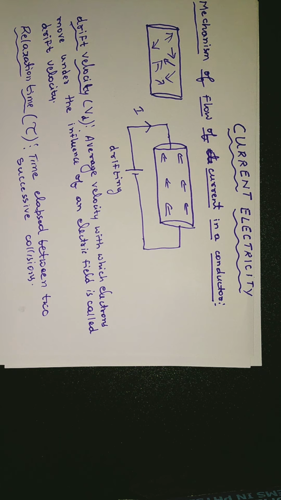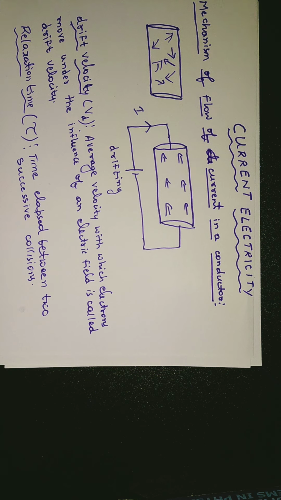During this course of acceleration, they suffer innumerable collisions with the neighboring electrons as well as lattice points. Because of this collision, they get slowed down, and again they get accelerated, again they suffer collision, they get slowed down. This slow motion of electrons with the collisions suffered is what is called drift velocity.